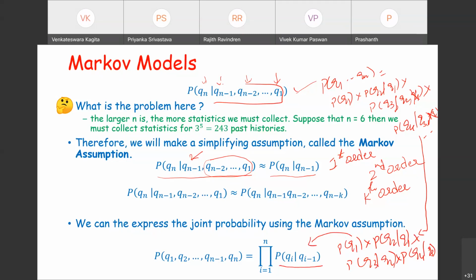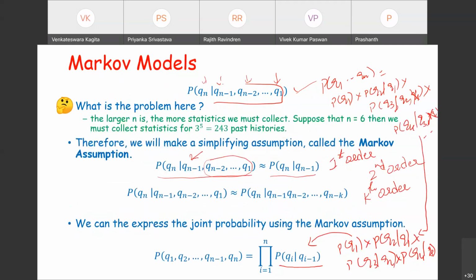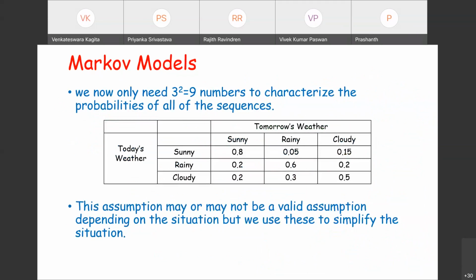So the joint probability of Q1 to Qn is the product over the probability of Qi given Qi minus 1, for i equal to 1 to n. Simple, right? Now if you see, we only need 3 square, that is 9 probabilities. We don't require 243, 3 power 5. We just need 3 square, which is 9 numbers, to characterize the probability of all the sequences with this assumption.